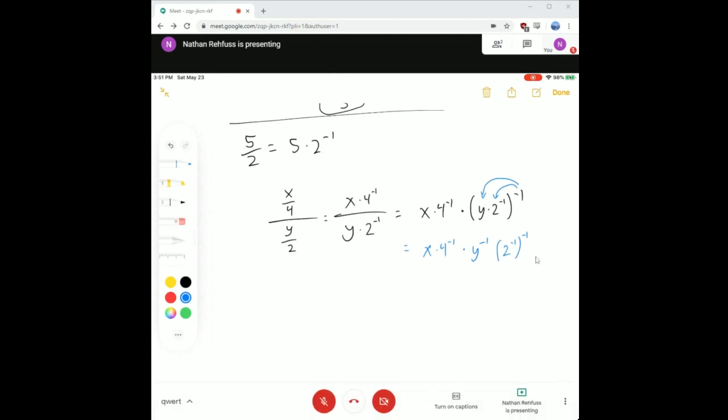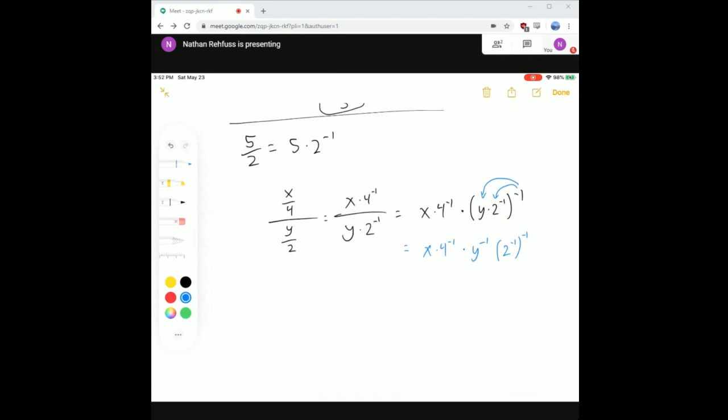See, nested exponents are the same as multiplying exponents. So 2 to the -1 to the power of -1 is the same as 2 to the power of -1 times -1, which is just 2 to the first power. So 2. So this is x times 4 to the -1 times y to the -1 times 2, which is equal to x times 2.